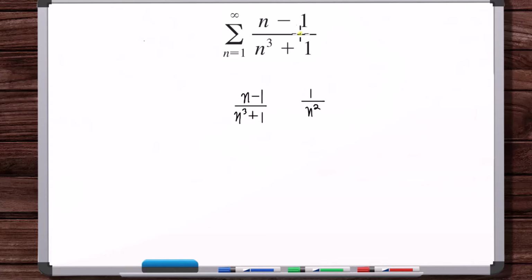We took out a minus 1 here and a plus 1 here. So what does that mean? Well, if you add 1 to the denominator, that makes the term smaller. And if you subtract 1 from the numerator, that makes the term smaller. So this is going to be greater for all n, because this is n over n cubed. So this is divergent.